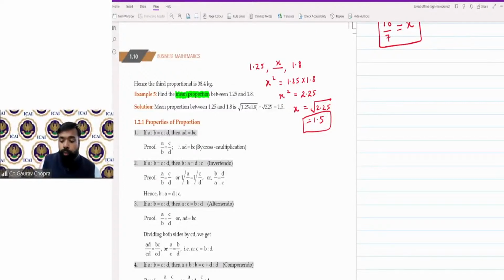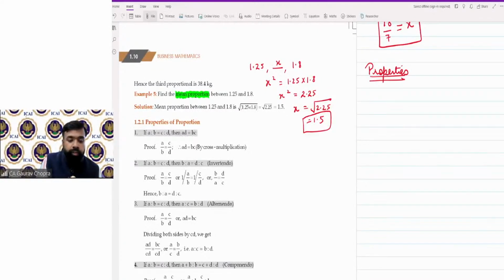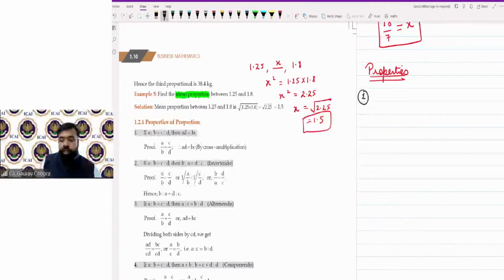The first property which we have done was A by B, or we can say A ratio B is equal to C ratio D. This is the standard format.